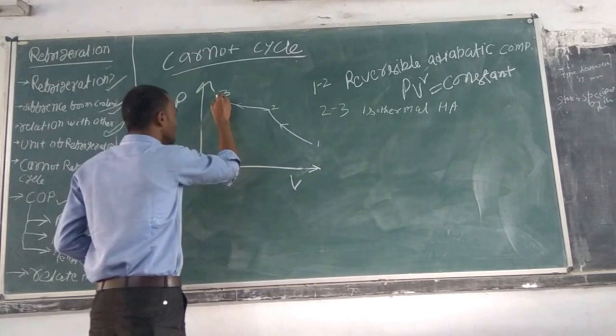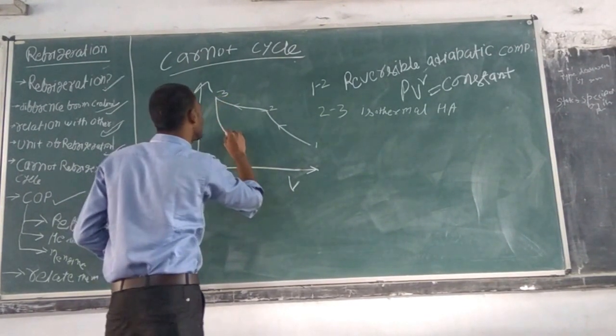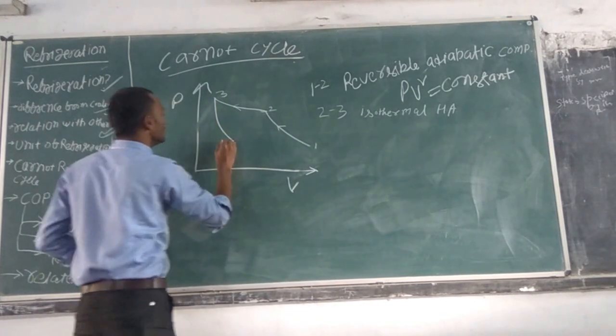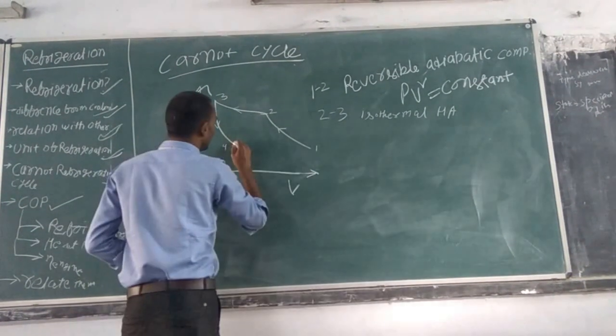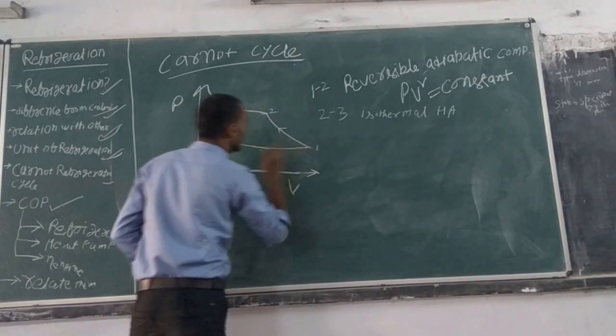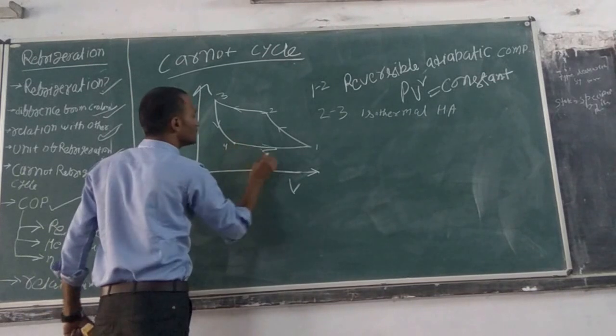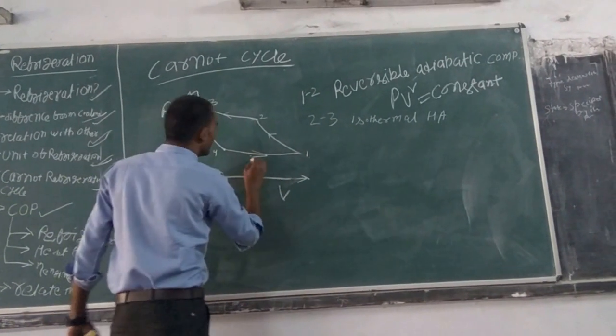And after that, it again goes to reversible adiabatic expansion from 3 to 4, and then from 4 to 1 it goes isothermal.